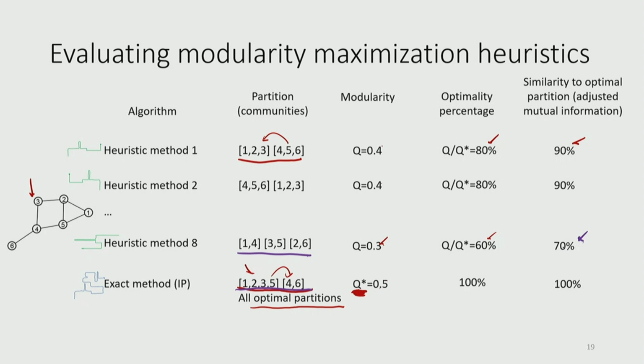So for example, it's 70% because these two partitions are not that similar. One of them is into 3, one of them is into 2. So this would be 70%. And just by definition, for the exact method, both of these performance measures would be 100%. So as long as the exact method terminates in a reasonable time, its performance would be 100%.